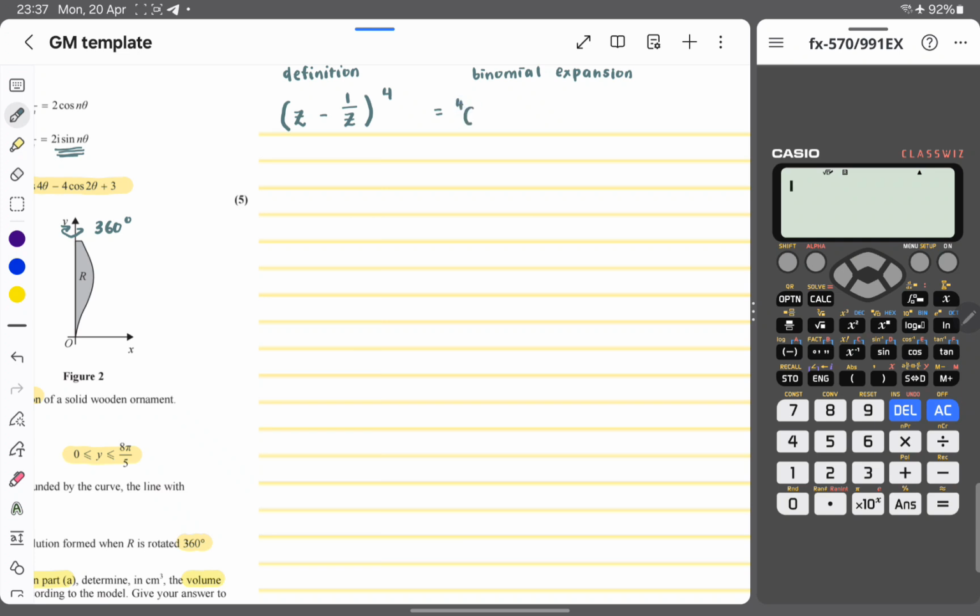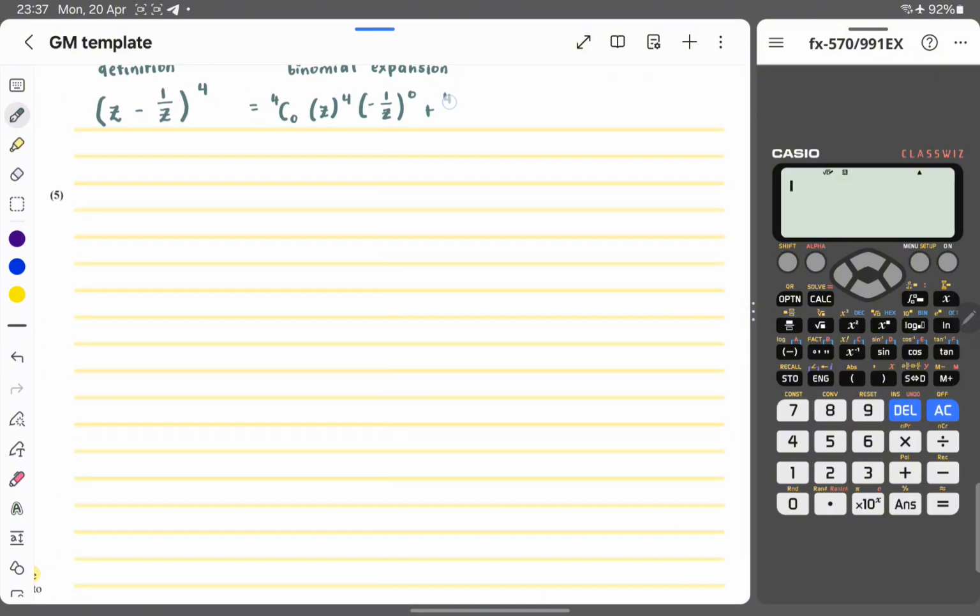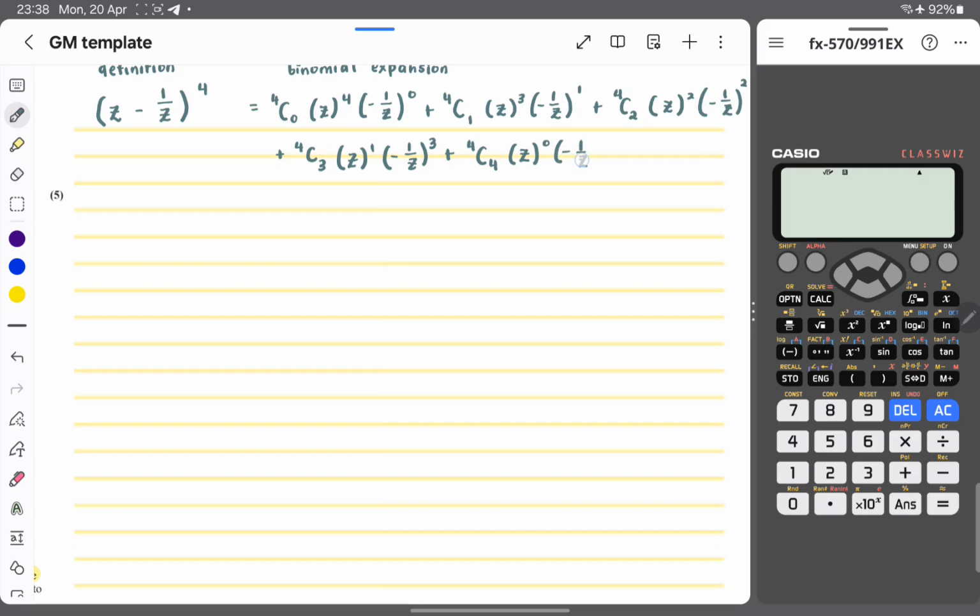So it would be 4c0 z to the power of 4 negative 1 over z to the power of 0 plus 4c1 z to the power of 3 negative 1 over z to the power of 1 plus 4c2 z squared negative 1 over z squared, okay, plus 4c3 z to the power of 1 negative 1 over z cubed plus 4c4 z to the power of 0 and negative 1 over z to the power of 4.